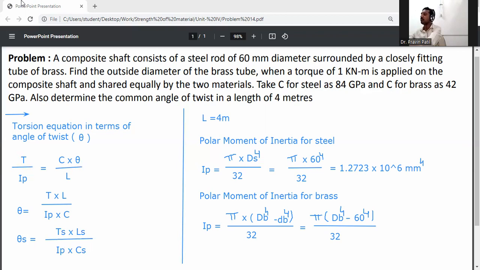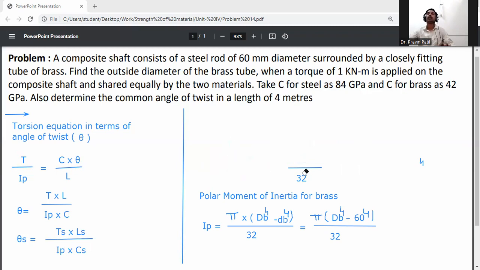So now we will erase this part. Now theta S is equal to, put all these values, TS into LS divided by the polar moment of inertia for steel.